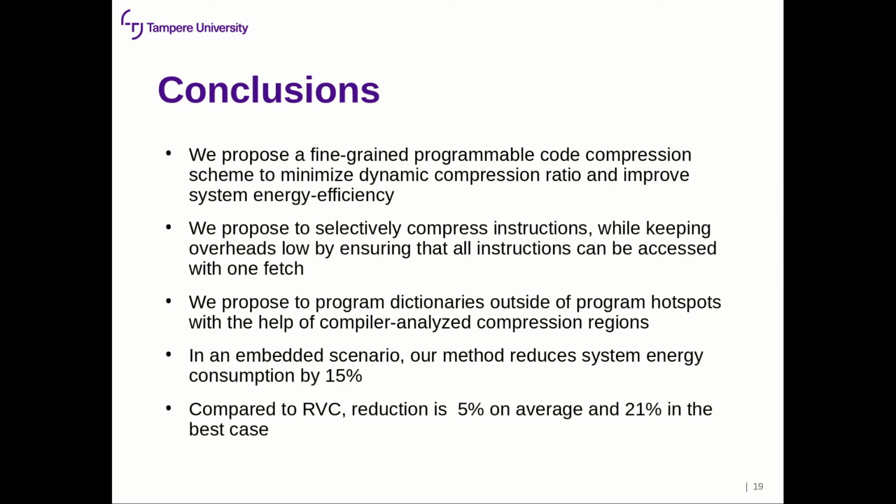We also propose to program dictionaries outside of program hotspots with the help of our compiler analysis. In an embedded scenario, our method reduces system energy consumption by 15%. Compared to RISC-V compressed extension, the reduction in system energy consumption is 5% on average and 21% in the best case. Thank you for your attention.